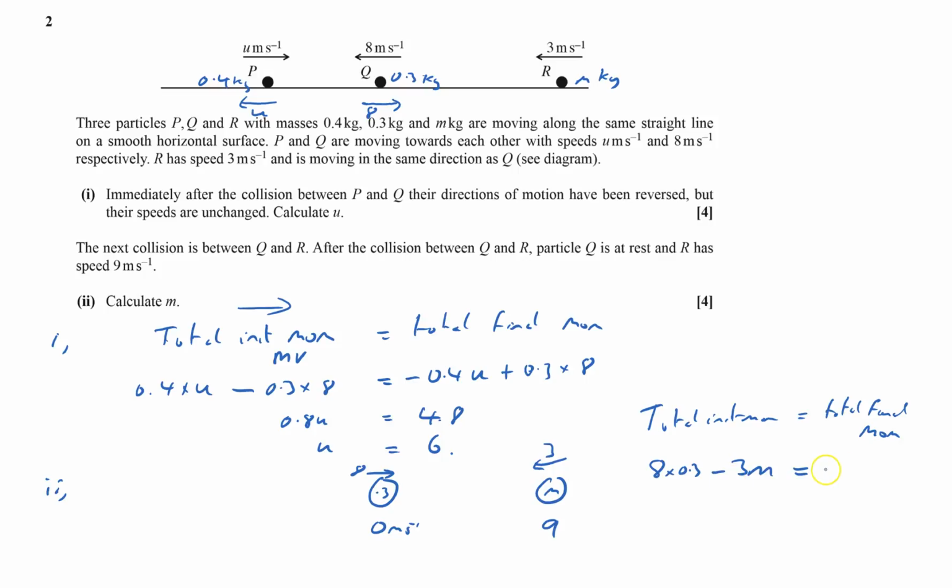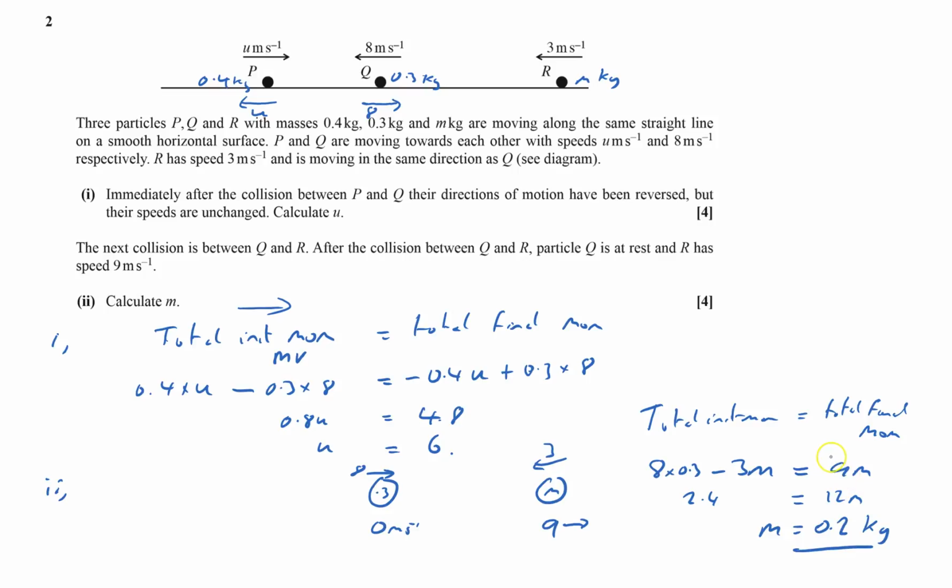If it goes this way, then it'll end up being minus 9m, and I'm going to end up with a negative value for m, so it's going to have to go positive. That's going to have to be going that way. That's going to give me 12m is 2.4, and therefore m equals 0.2 kilograms.